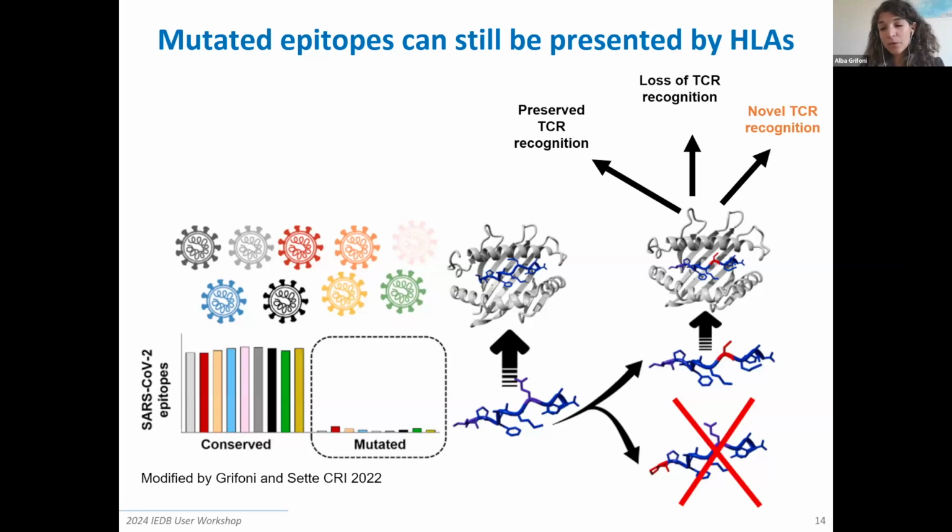Now, for those of you who are more familiar with the SARS-CoV-2 field in general, there has been a lot of discussion about imprinting. If you receive a specific vaccine or a specific variant, your immune system may not be able to induce variant-specific responses. Our recent studies and the literature in general suggest that that is not the case.